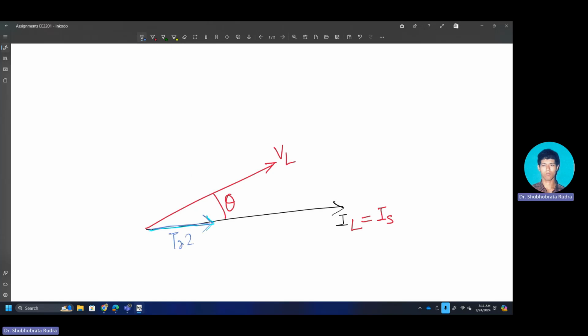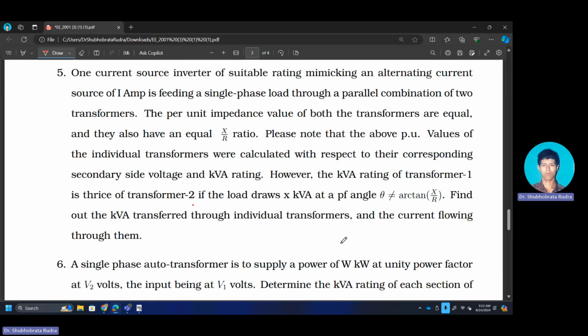This is transformer 2 and this is transformer 1 current. So when you add them up, you get their corresponding KVA values. So if it is VLIL, 3/4 VLIL will be transferred through this, and the other transformer will transfer 1/4 VLIL. Please try to understand how this problem is actually reducing our burden.